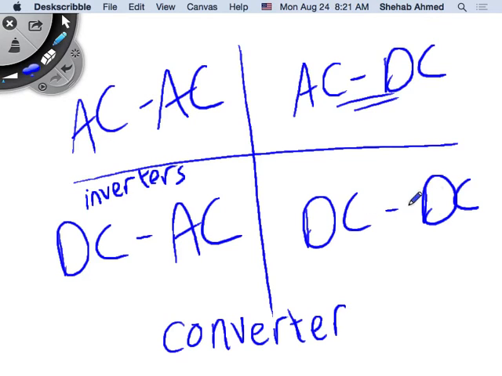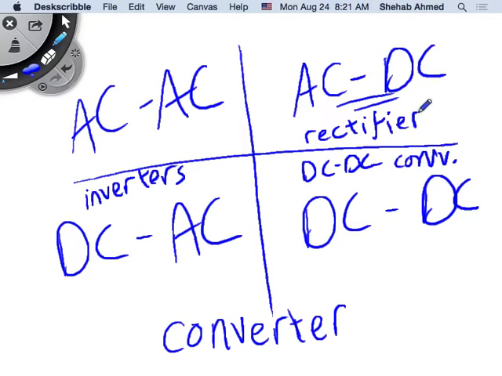DC to DC conversion, they didn't find a great name, so they just call them DC to DC converters. That's the best they could do. AC to DC converters, they typically call rectifiers. You probably studied that a little bit in 325, the basic diode rectifier. That is actually one of the big workhorses of the power electronics industry, so we will spend a lot of time on rectifiers.